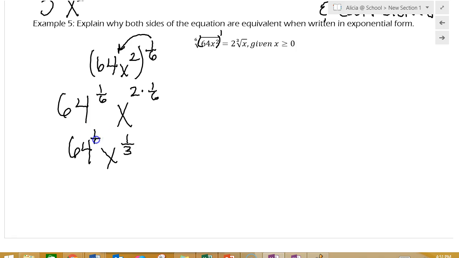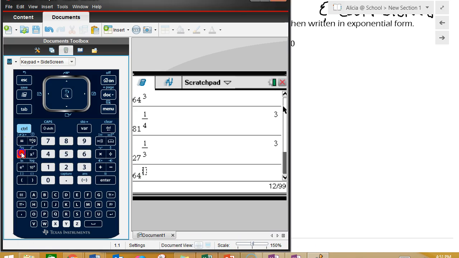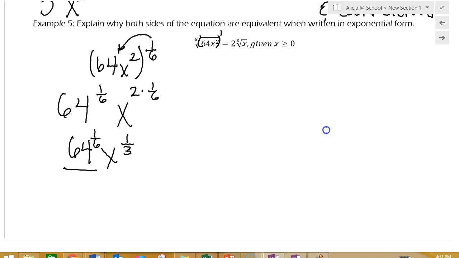Oh, forgot my 1/6 here. 64 to the 1/6, x to the 1/3. I'm going to substitute 64 to the 1/6 power in our calculator. So type in our base 64, raise that to the 1/6 power, which is 2. So I'm going to have 2x to the 1/3 power, which is on my left side.